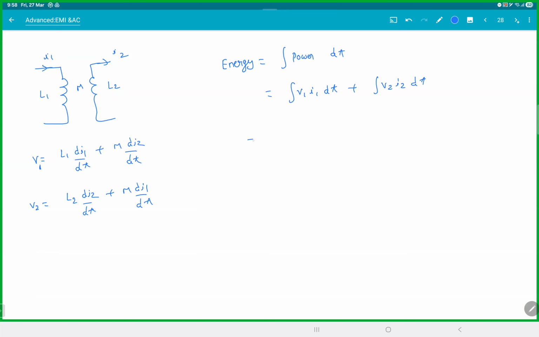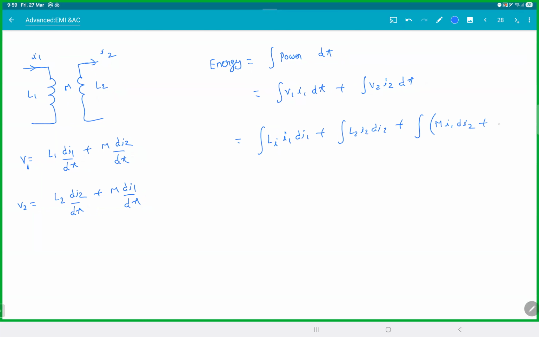When you integrate this, you end up with the integral of L1 I1 dI1 plus the integral of L2 I2 dI2 plus M I1 dI2 plus M I2 dI1.